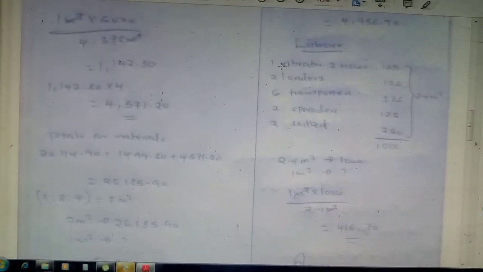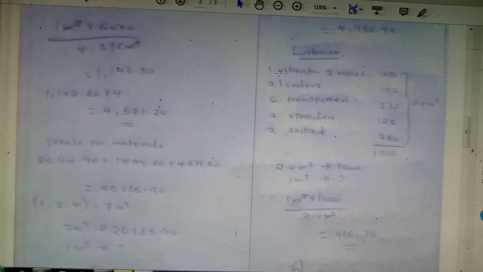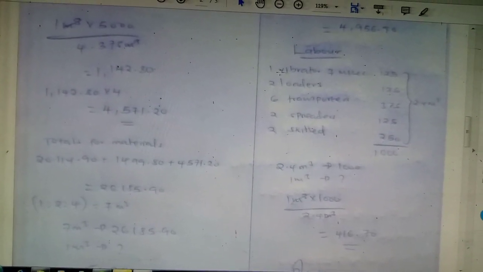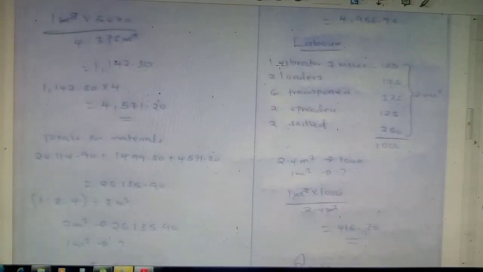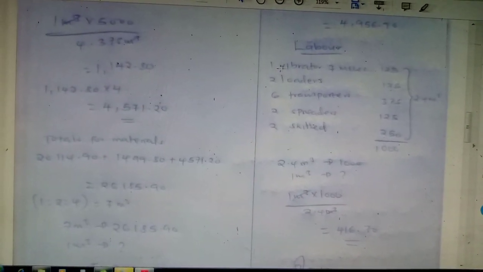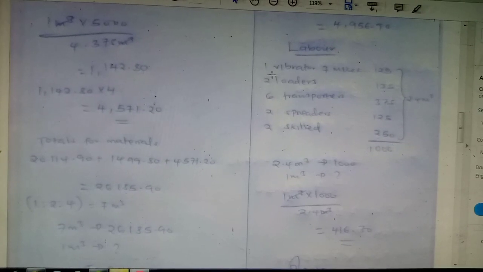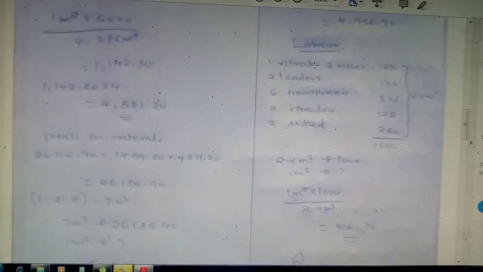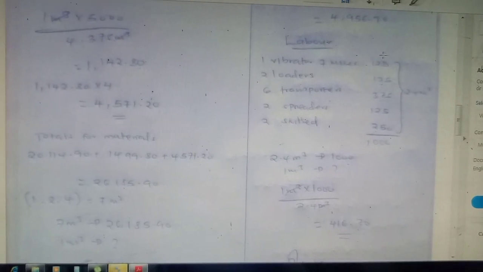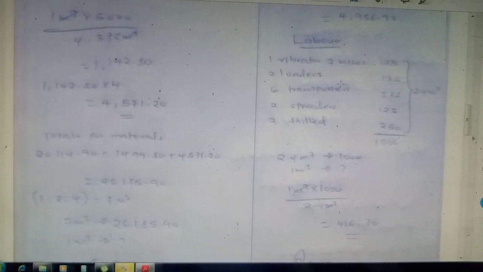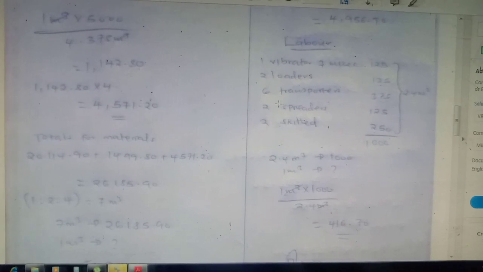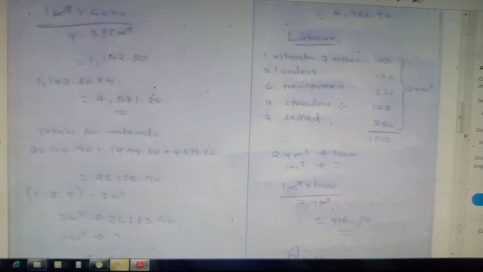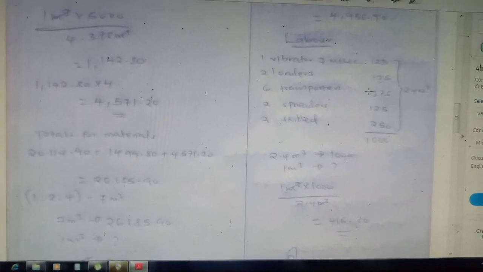In labor here we have some various constants. So these constants you must take care of them, and you must also master them. So one vibrator or mixer, this is the operator of those machines. One vibrator or mixer is 125. Then two loaders is 125. Then 6 transporters is 375.